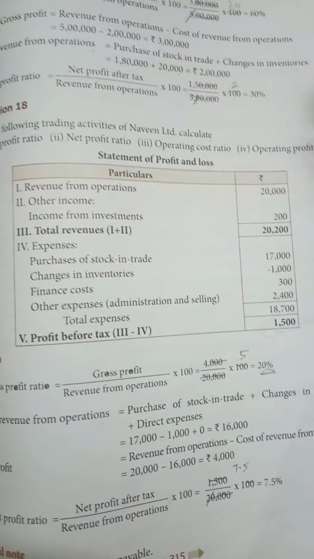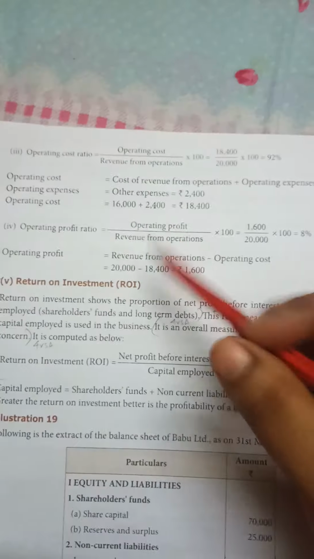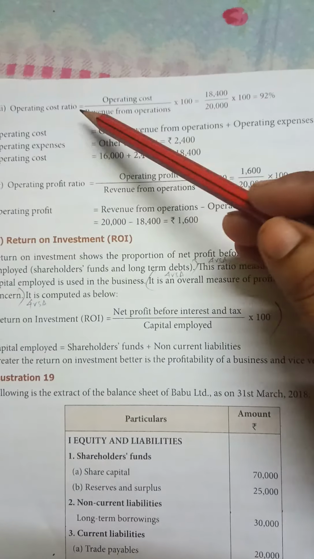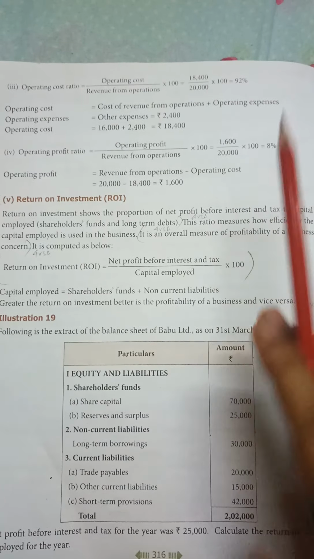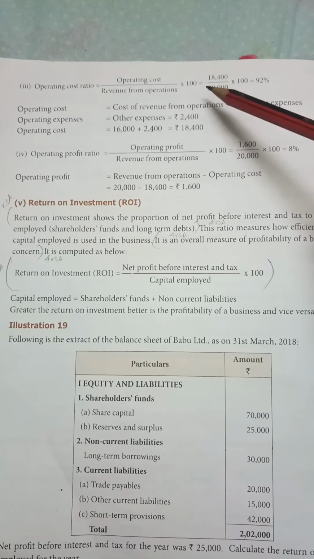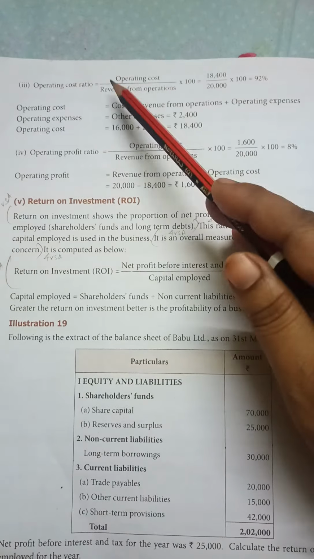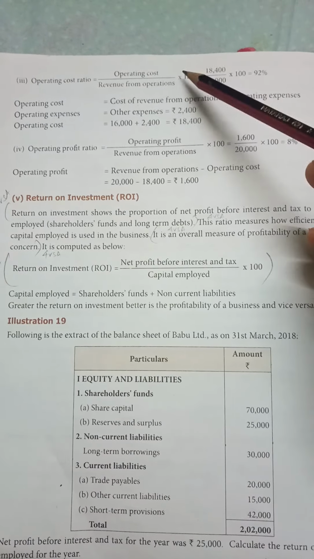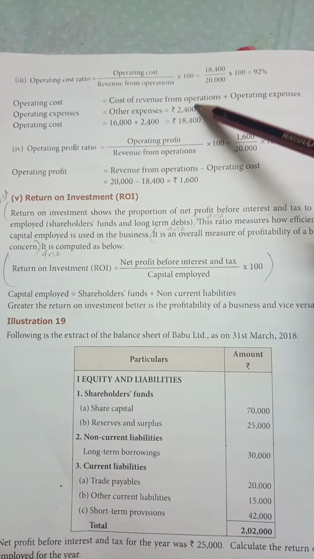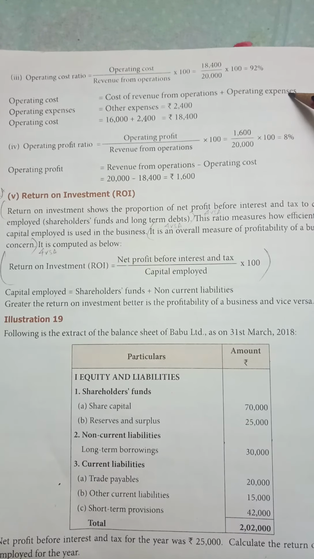The next two ratios are operating cost and operating profit ratio. So we have here operating cost ratio is equal to operating cost divided by revenue from operations into 100. So first we need to calculate operating cost. How can we calculate operating cost? It is cost of revenue from operations plus operating expenses.